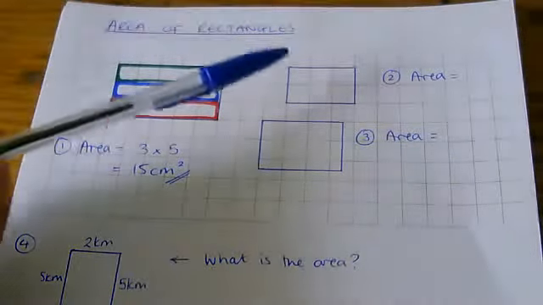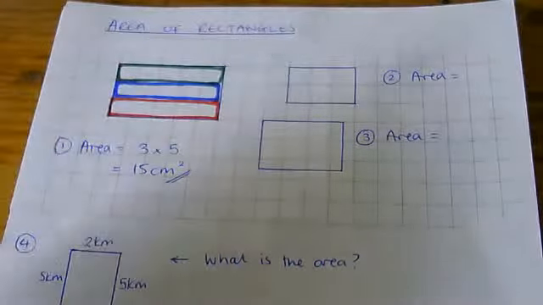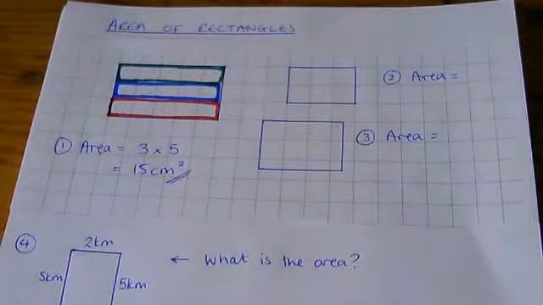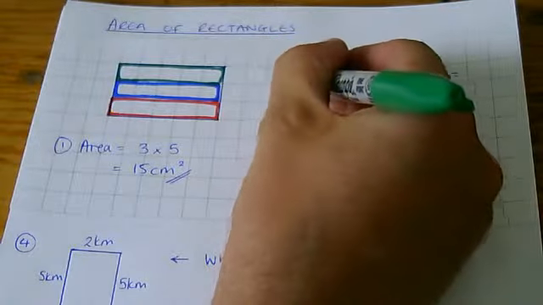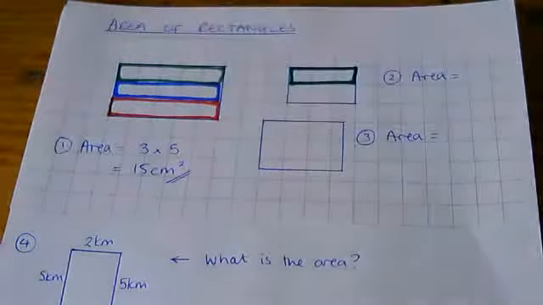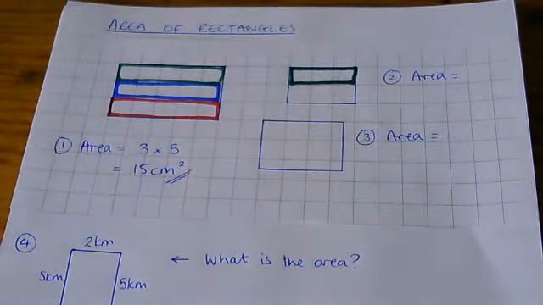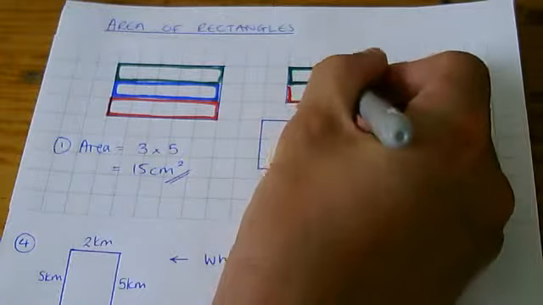I can use a similar method on this rectangle here. I could count the squares, or I could use the formula, which is the base times the height, or if you prefer, the length times the width. I'm just going to colour in to highlight again what I'm doing.